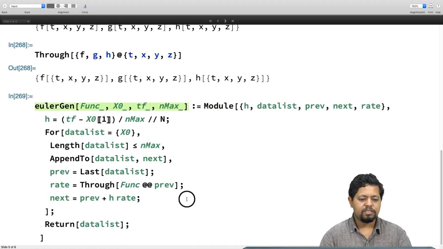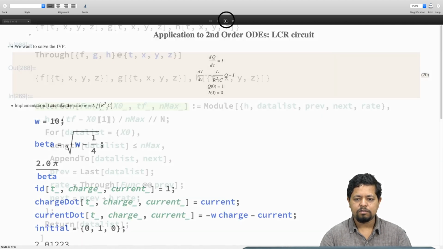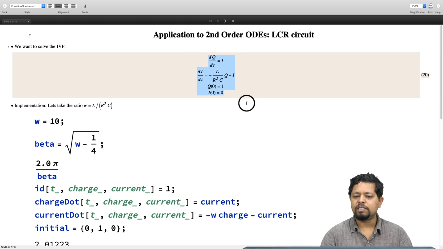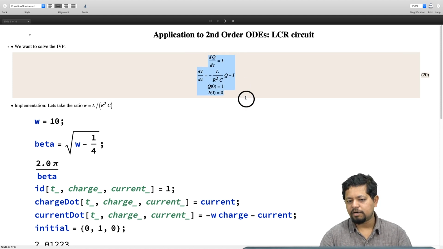Now that this definition has been made, let's go ahead and implement this for the problem that we are looking for. The problem we were looking for is this set of equations for the LCR circuit, the damped LCR circuit. Damping is because of the resistor and oscillation is because of LC.